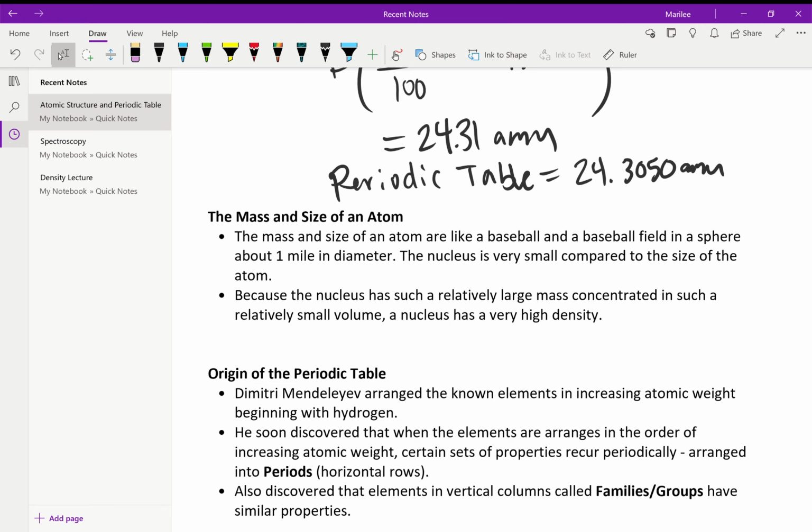The nucleus is very, very, very small compared to the size of the atom. Because the nucleus has such a relatively large mass, remember the protons and the neutrons are all in the nucleus. That's why it has a very high density, because the majority of the mass is in the nucleus.